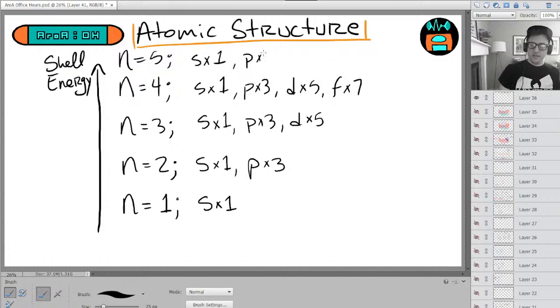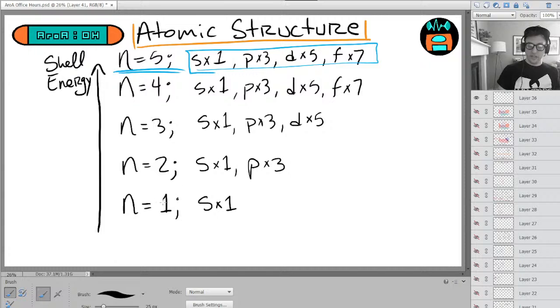Theoretically there's a g subshell, but no element known actually has any electrons occupying a g subshell. So every energy shell beyond the fourth just has these same 4 subshells available. So you start gaining one as you move from 1 to 4, and then 4 and up, 5, 6 are all exactly the same as 4.